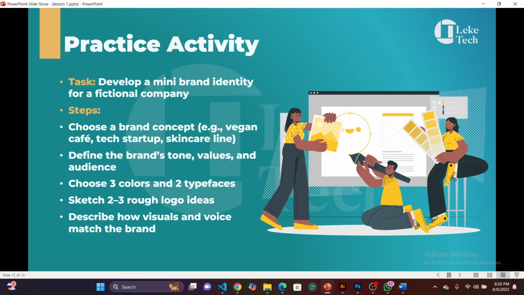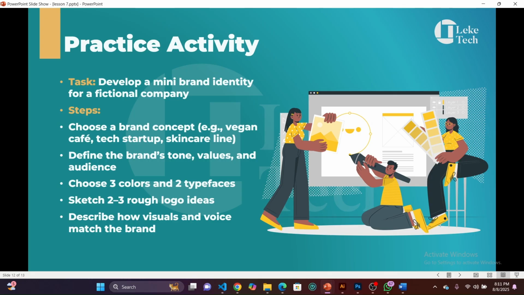For those 2 assignments, I've not yet seen submissions. I'm still waiting for them. And now, the assignment is to develop a mini brand identity for that fictional company which you created. No matter what you chose, whether a restaurant, a forex company, a tech company or a graphics company, you design a mini brand identity for it.